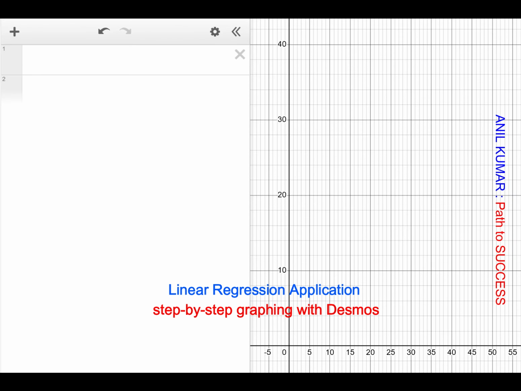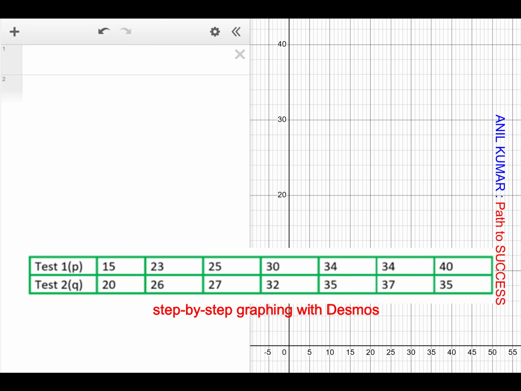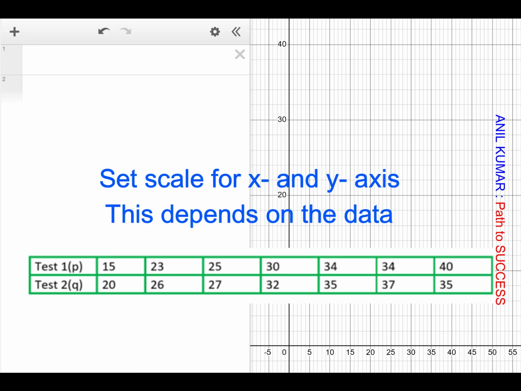Now let us explore how we use my favorite Desmos for graphing, and in this particular case, for linear regression. The first thing is that you have to set up the scale. Since we know the x and the y values, we have a table here where the x-axis is tuned, and the y-axis also, so that we get a proper graph in the window given.